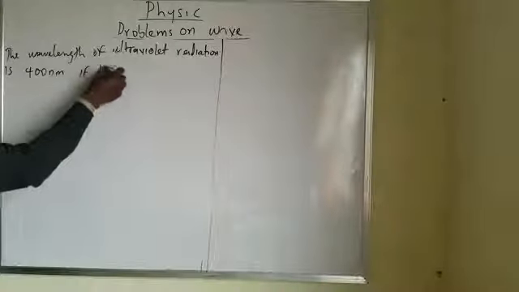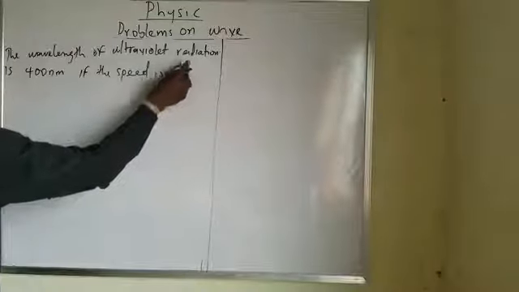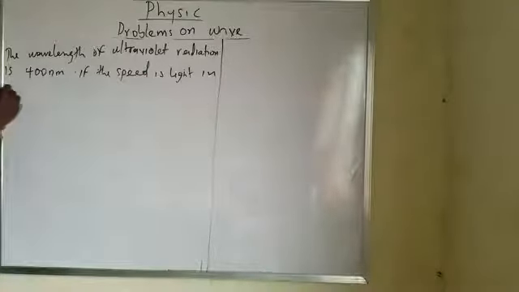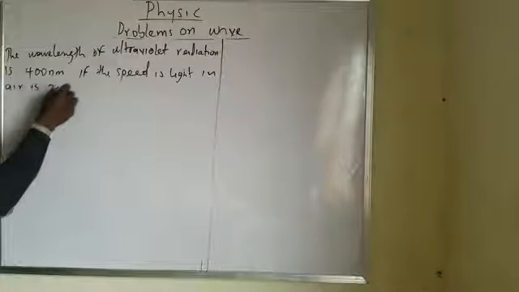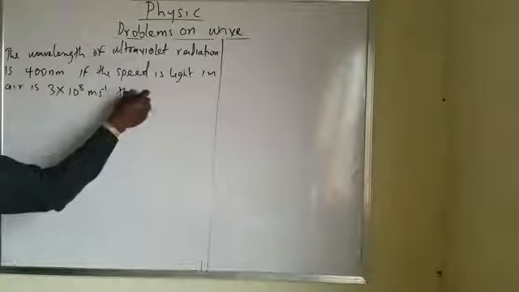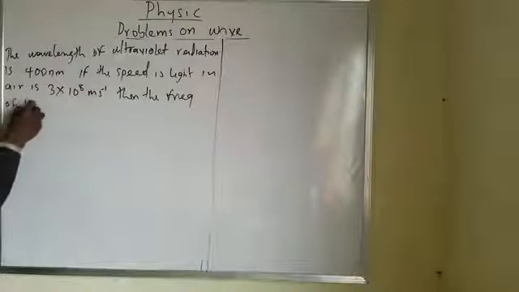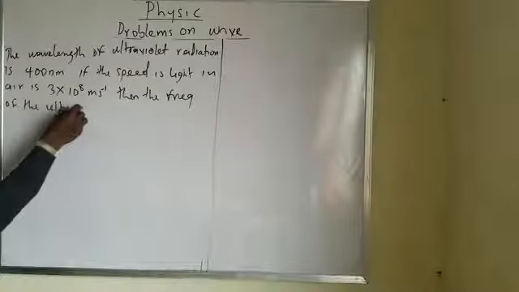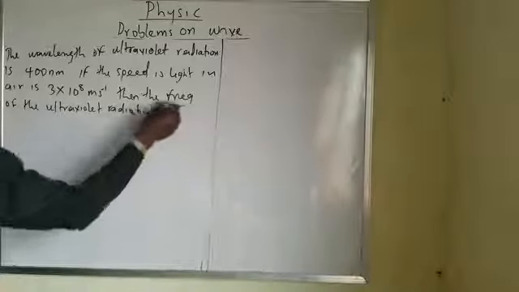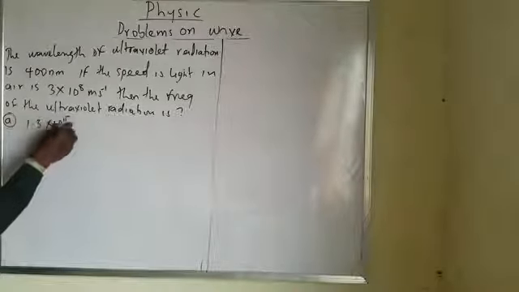If the speed of light in air is 3 multiplied by 10 raised to the power 8 meters per second, then the frequency of the ultraviolet radiation is: A, 1.3 multiplied by 10 raised to the power 15 Hz.